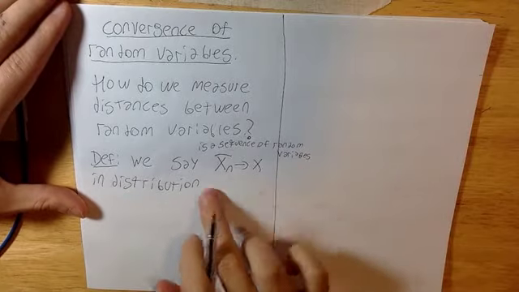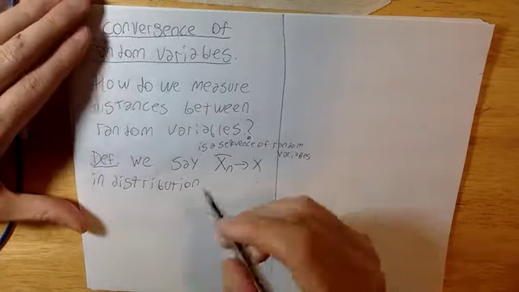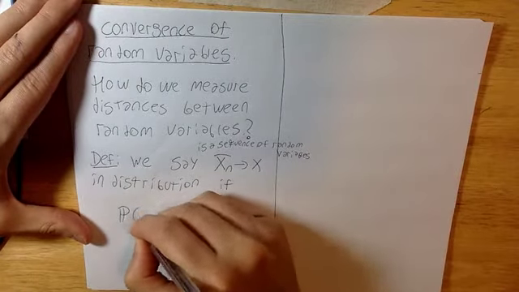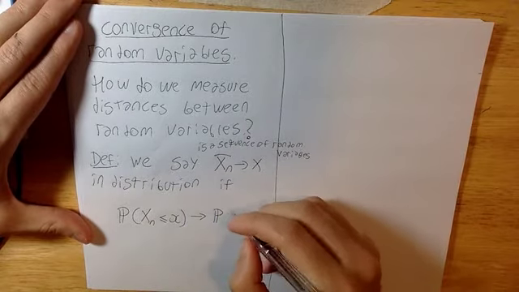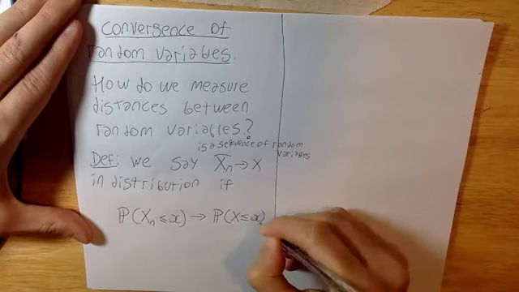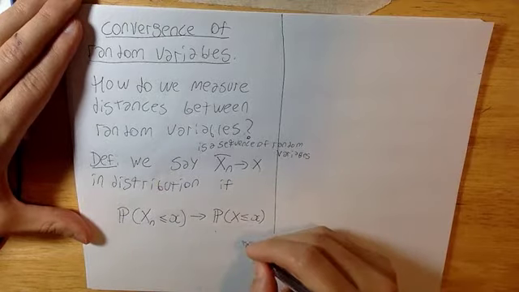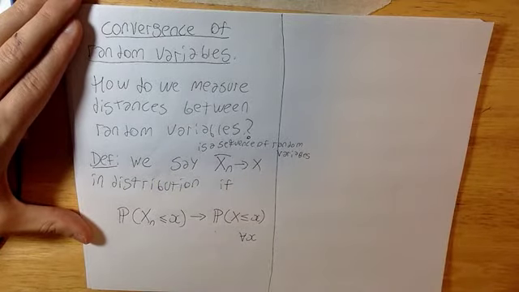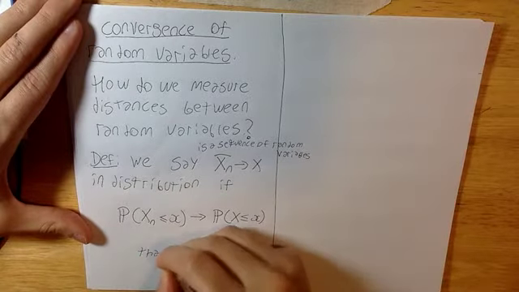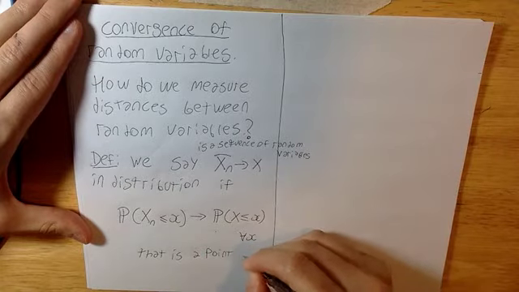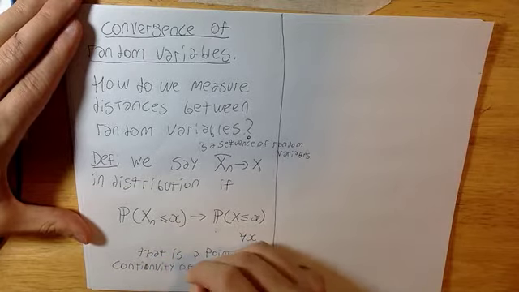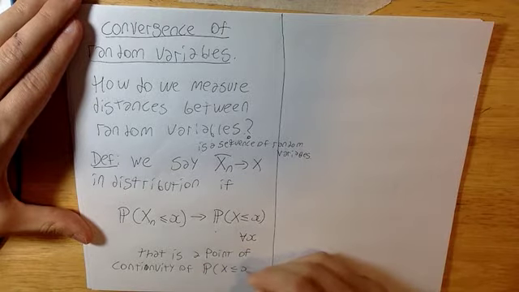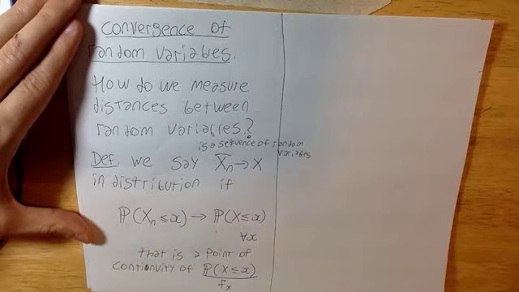We say that a sequence of random variables Xn converges to X in distribution if the probability that Xn is less or equal than x converges to the probability that X is less or equal than x, in the limit for every x that is a point of continuity of the probability that X is less than x. Okay, so this is the distribution function F of X.